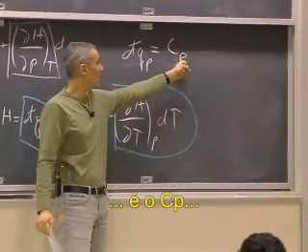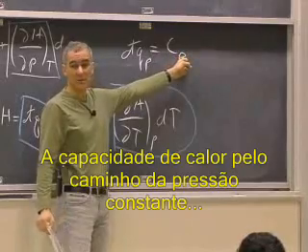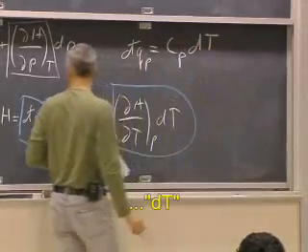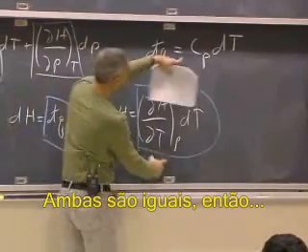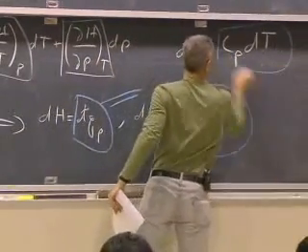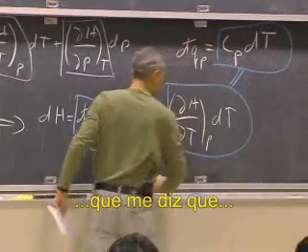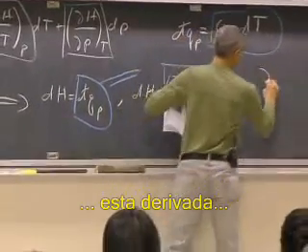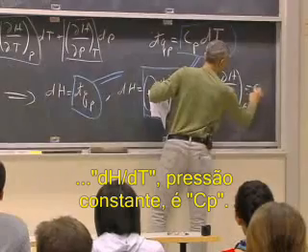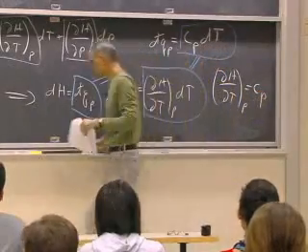So it's C sub P, the heat capacity under a constant pressure path, times dT. All right, so these two are equal to each other, which tells me that this derivative, dH/dT at constant pressure, is Cp.